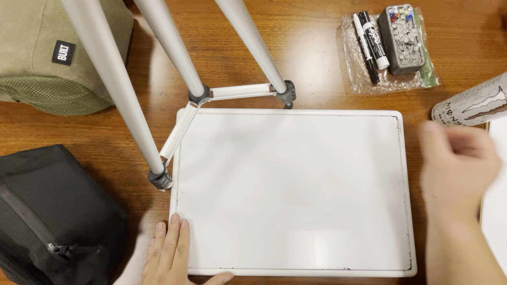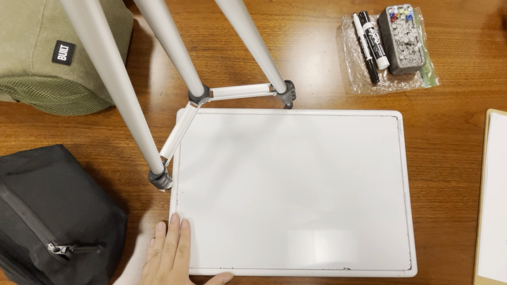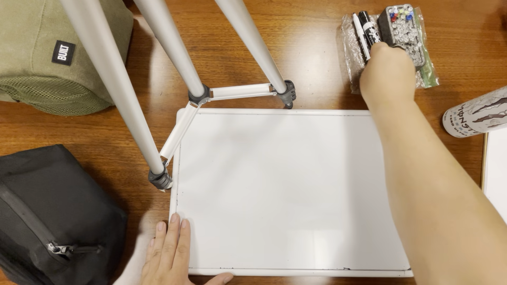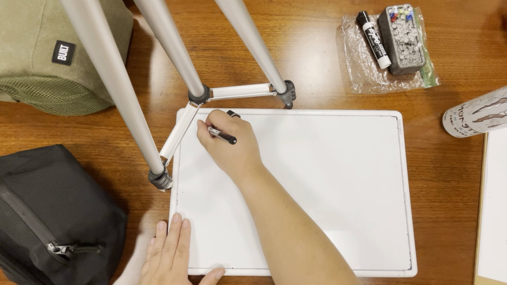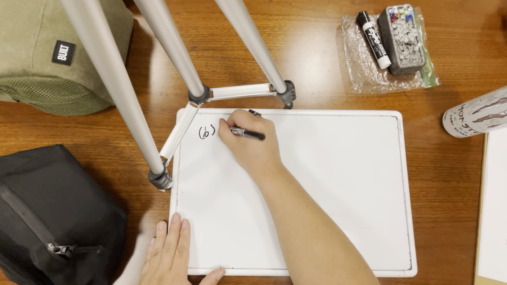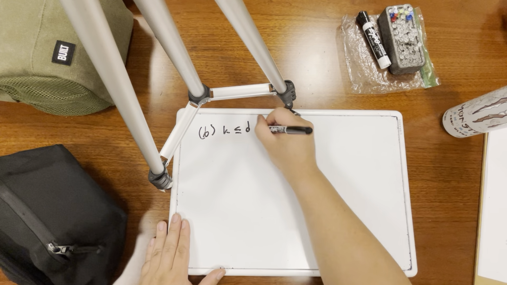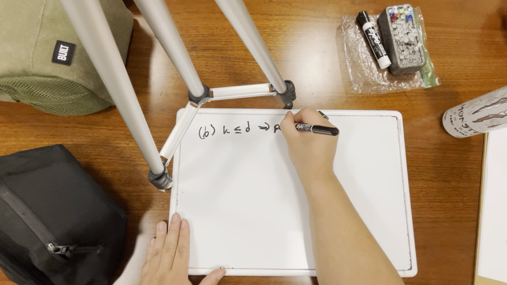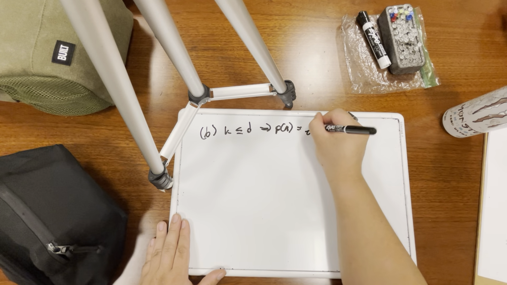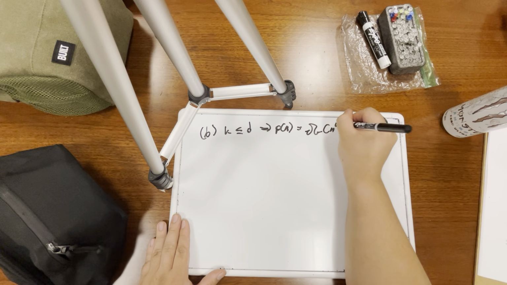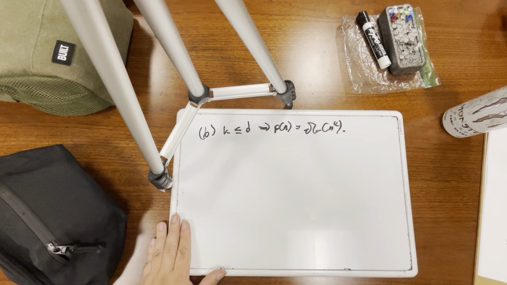Just sort of blanked out there for a moment. Okay. So for B, k is less than or equal to d implies P of n is equal to big omega of n to the k. That's what we want to show.